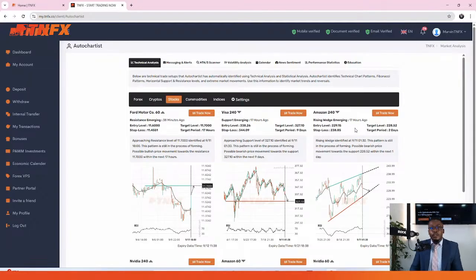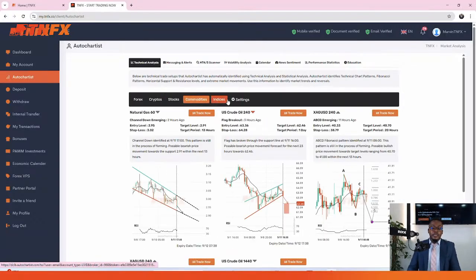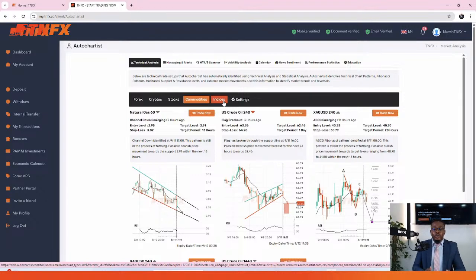Imagine if you could get an opportunity to pick all these asset classes that have been put there, commodities, indices, and you'll be able to use the pending limits or the pending orders, because you can't literally be sitting at the charts waiting for the price to get to a certain level.